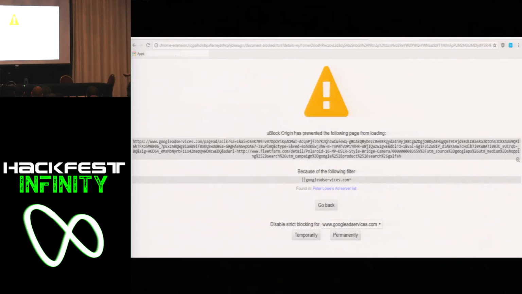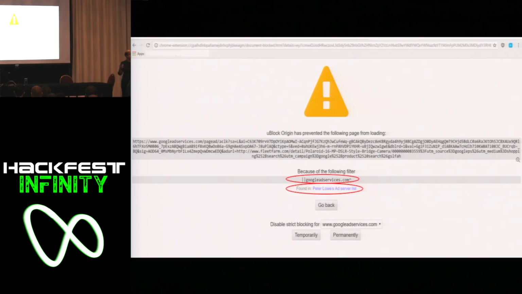But basically, in this particular protection, you would have been warned that, hey, look out, on that page you're about to go to is this reference to this Google Ad Services.com, which has malicious traffic coming from it, and it was found on Peter Lowe's ad server list.